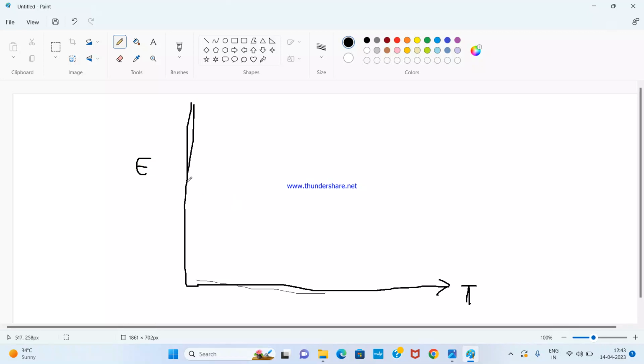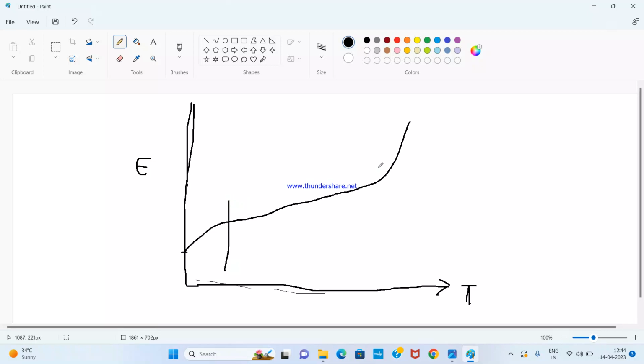Now over time, for a constant load, if you see, the curve will be like this: there will be some initial strain, then it is like this, and then it is like this.